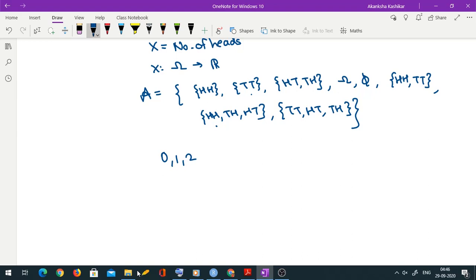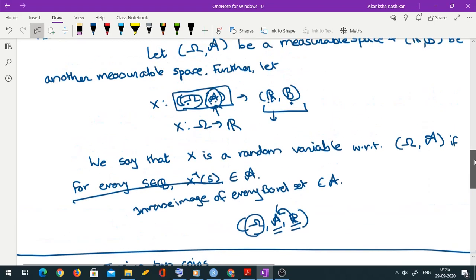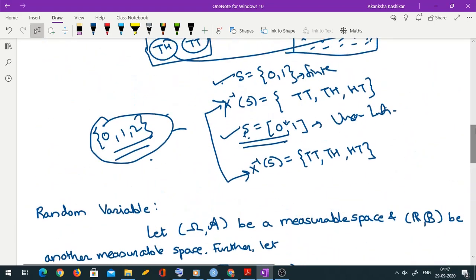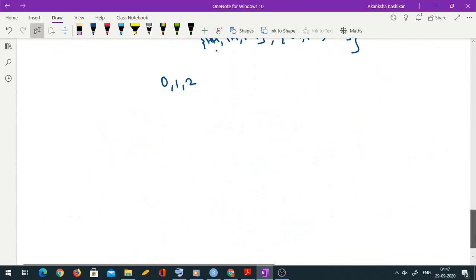We saw an example here that whether you take the closed interval 0, 1 or whether you take just the set 0, 1, it doesn't matter, the inverse image is the same, because those possible values of X which are in both these sets are the same. So we would divide completely on the basis of that.